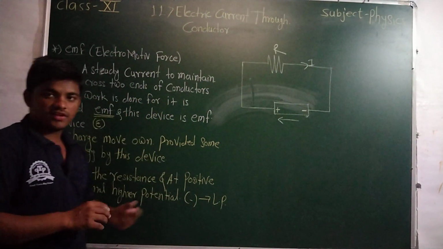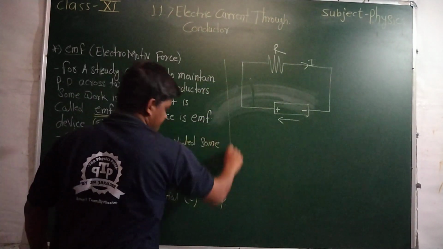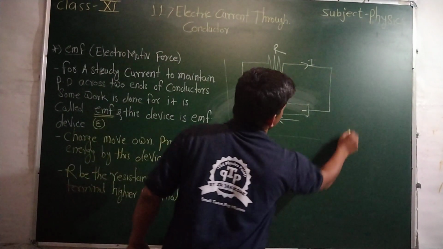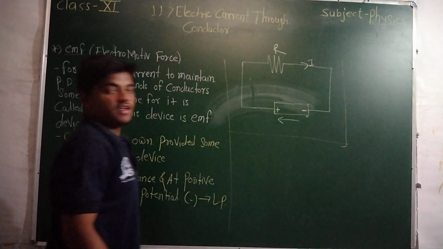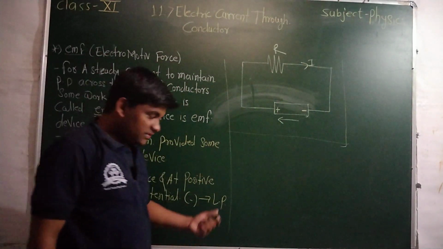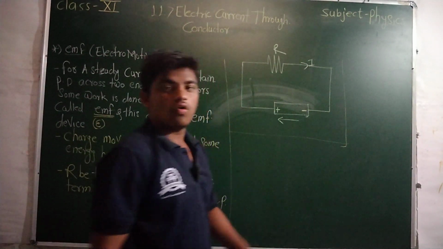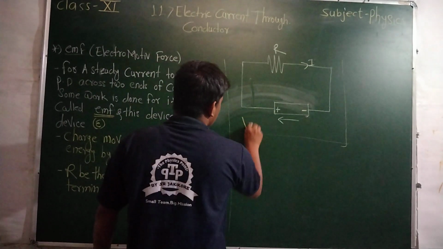EMF devices are represented using an arrow, and this happens in a voltaic cell.